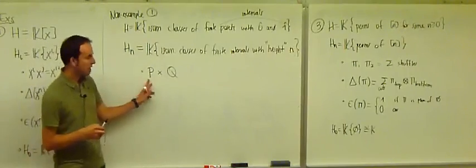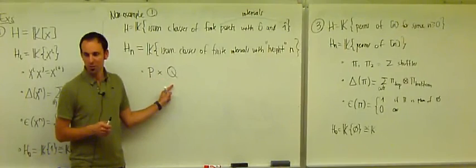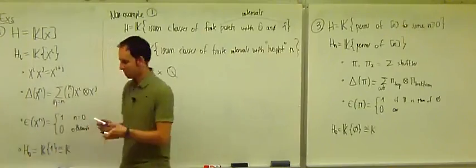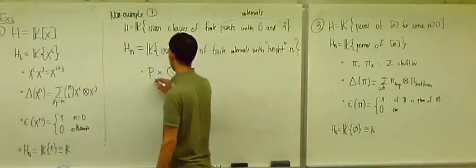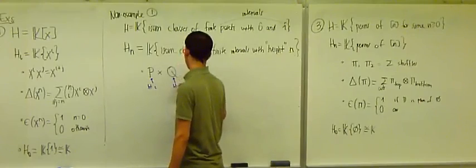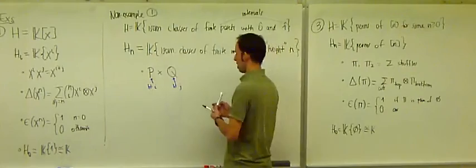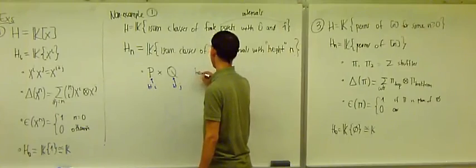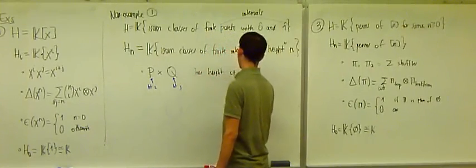So if P has height i and Q has height j, does the product have height i plus j? So if this has height i, this has height j, then this has height i plus j.